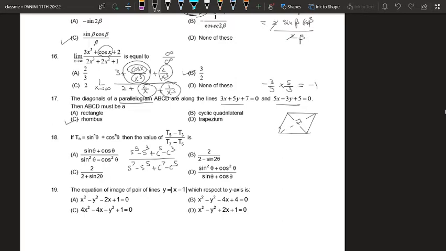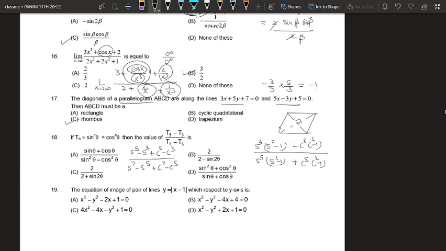If we take s cube common from the numerator, we get s cube (s square minus 1) plus c cube (c square minus 1), and in the denominator s5 (s square minus 1) plus c5 (c square minus 1).